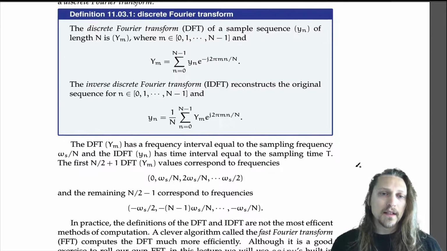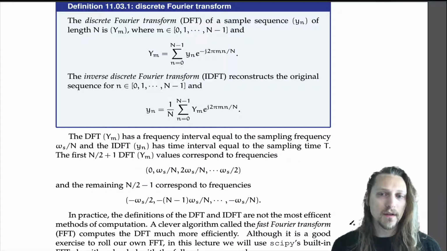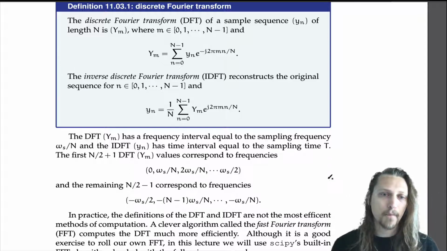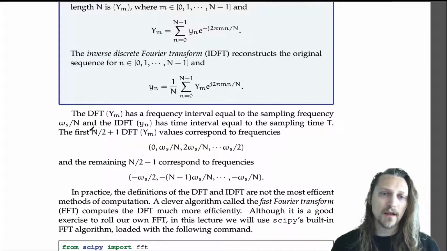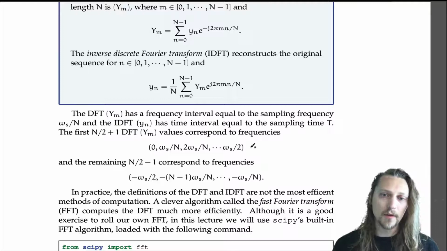The DFT Y_m has a frequency interval equal to the sampling frequency omega_s over N, and the inverse discrete Fourier transform has time interval equal to the sampling time T. The first N/2 plus 1, so about half of the DFT values, correspond to the frequencies 0, the DC frequency, all the way up to the sampling frequency over 2.